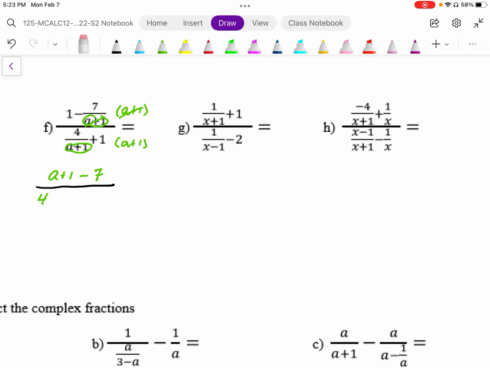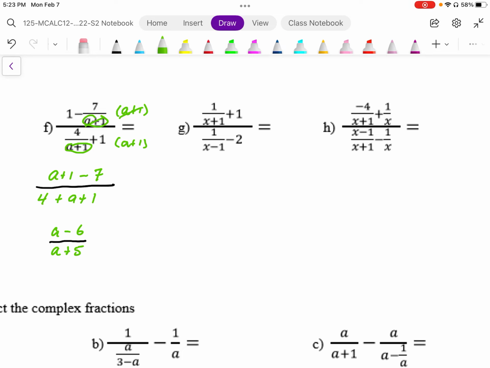I'm just left with 4. And then plus, the a plus 1 times 1 gives me the a plus 1 here. So then I can just combine like terms, so I end up with a minus 6 on top, a plus 5 on the bottom, and that's my simplified form of that fraction.